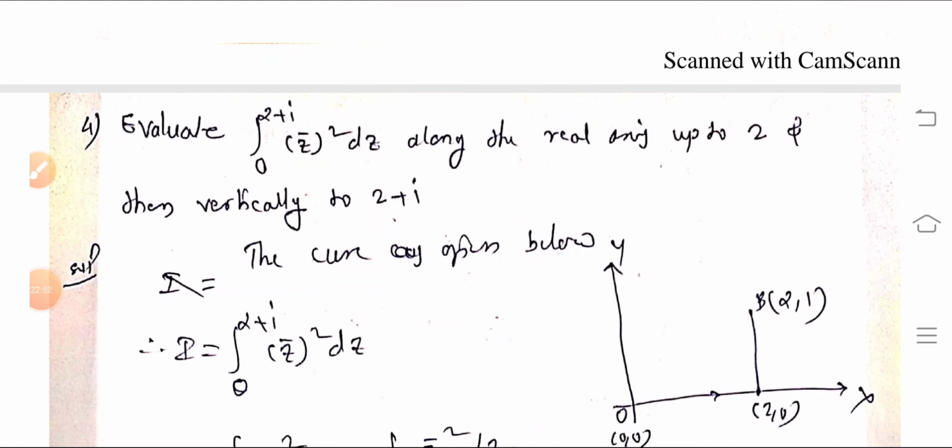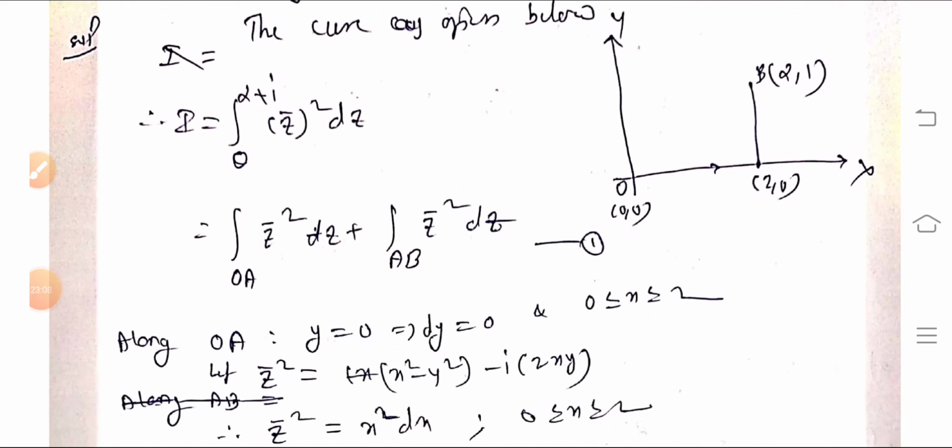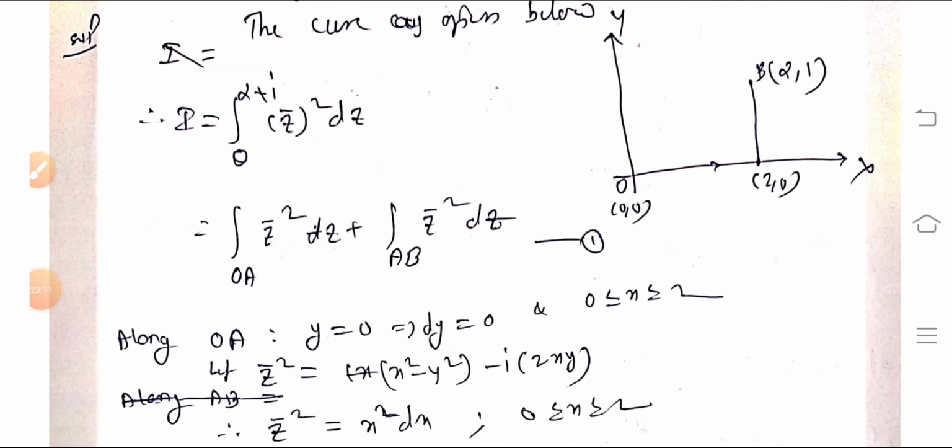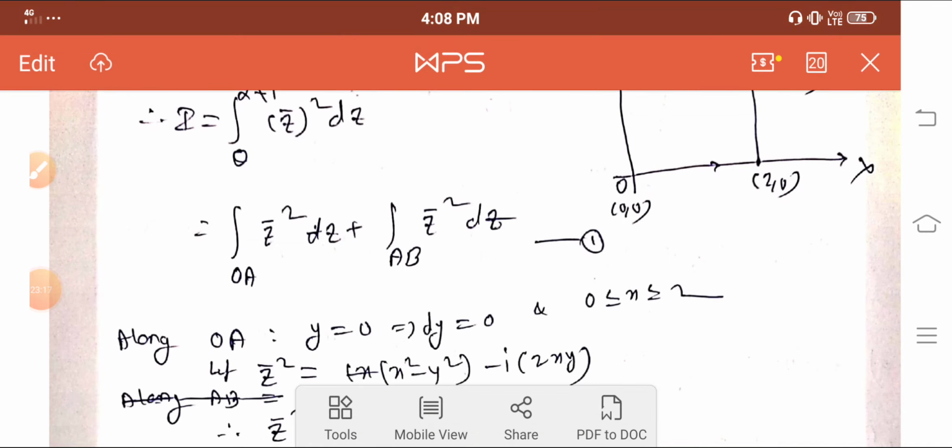Up to the real axis up to 2 means along the x axis 2 steps, that is 2 comma 0, and vertically to 2 plus i means 2 comma 1, with the given curve.